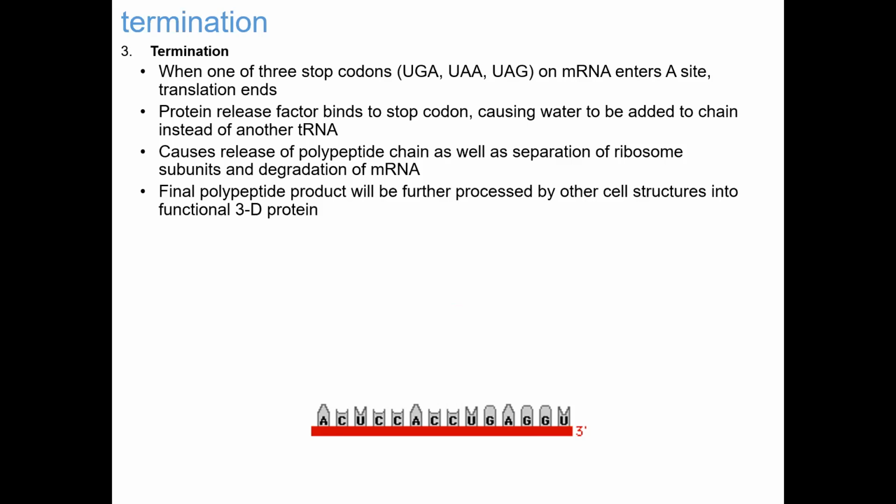So we've used the messenger RNA and the transfer RNA and the ribosomal RNA to assemble a chain of amino acids in the order specified to give us our final protein.